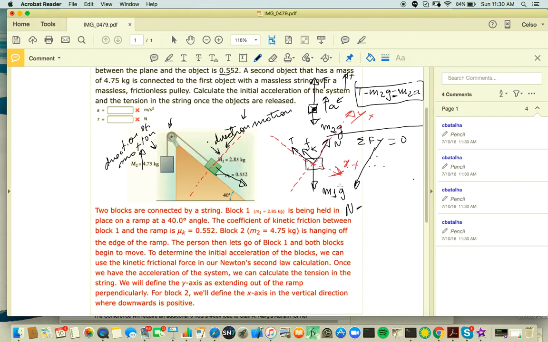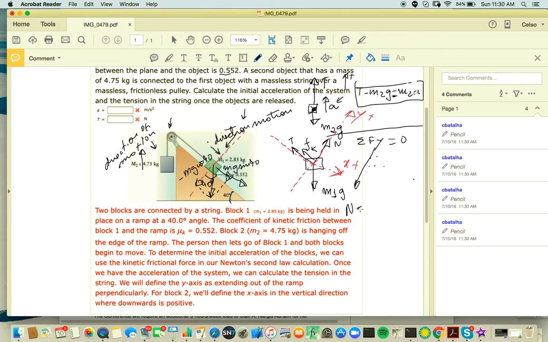So normal minus, no, this angle is 40, right? So here's the direction of the gravity force, and this angle is 40. This angle appears right there. Which means gravity projected in the y direction is negative mg cosine of 40, negative because it goes in the negative direction, and the projection of gravity along the positive x direction is mg sine of 40.